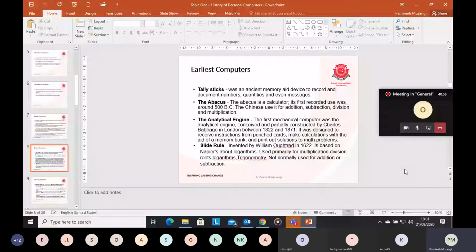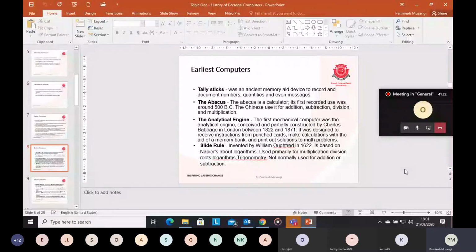Another early form of a computer I can say is the analytical engine, and this was the first mechanical computer. And when I talk about a mechanical computer, as you know, mechanics is all about use of gears and all that. But the other forms like the tally sticks and the abacus were not using any gears. They were basically manual.